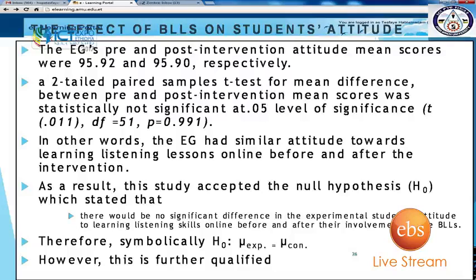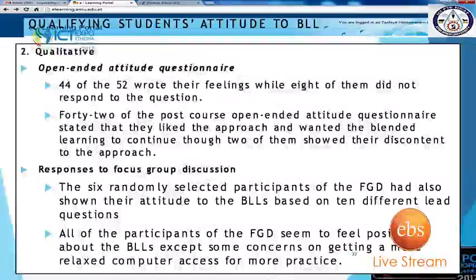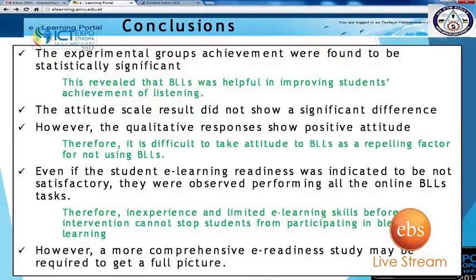But qualitatively, the attitude was checked, and they happened to be positive about the approach, both the open-ended attitude questionnaire and responses from the focus group discussion indicated that. To conclude, the experimental group achievements were found to be statistically significant. This revealed that BLLS, the blended listening lessons, were helpful in improving students' listening achievement.